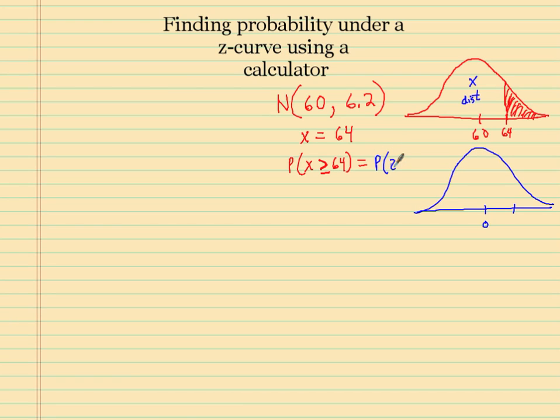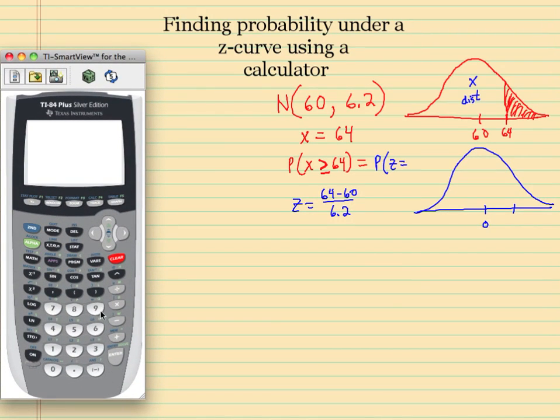So this is the probability that z is greater than, let's find our z, which will be 64 minus 60 divided by 6.2. Let's bring my calculator in. So it would be 64 minus 60, enter, divided by 6.2.